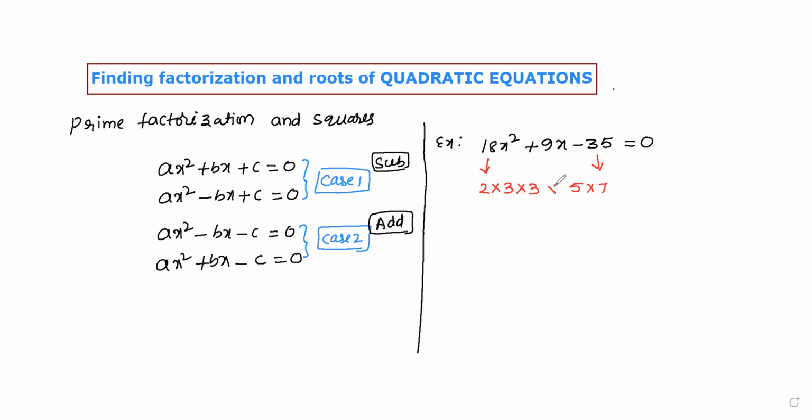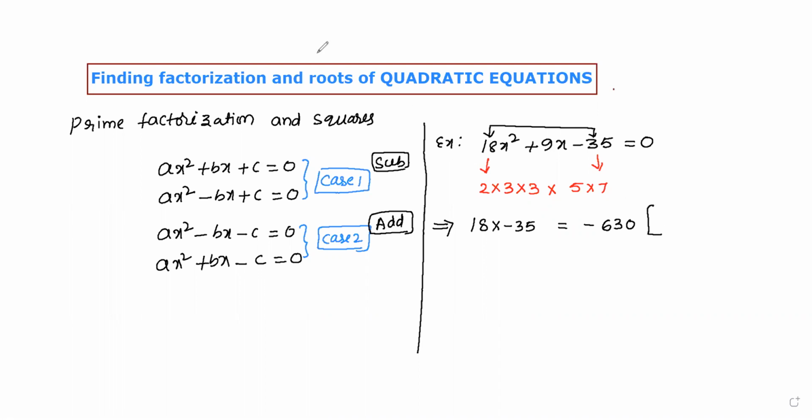After that, we multiply every prime factorization. The next step is taking the product of the constant term and the coefficient of x square, that is 18 into minus 35. So that gives us minus 630.